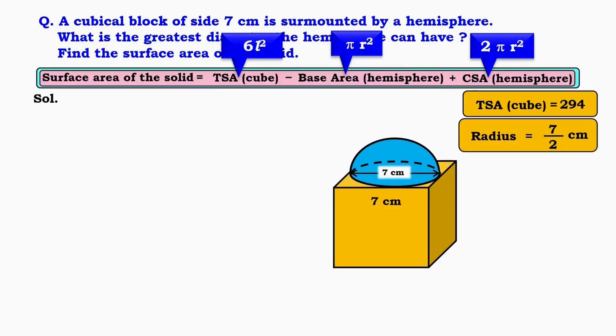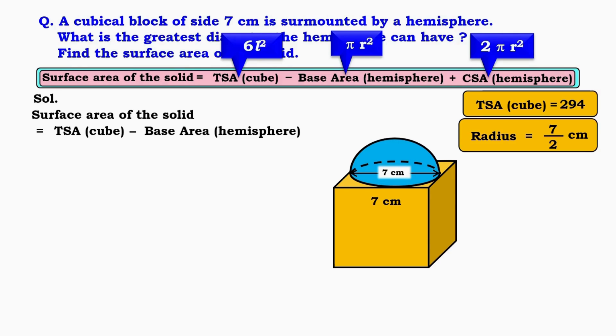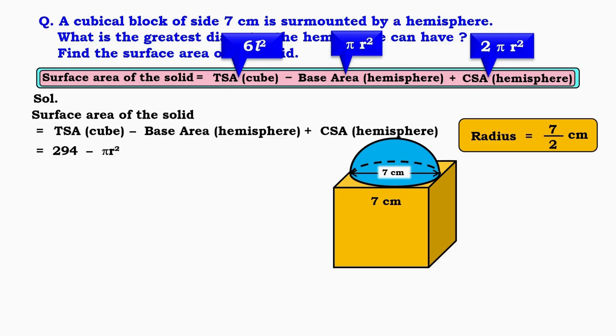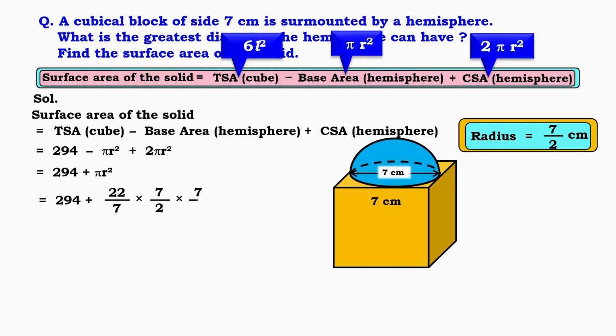Now we need to find the surface area of the solid. So that is equal to TSA minus base area plus the CSA of the hemisphere. So TSA we know, 294 minus, now base area is pi r square and CSA is 2 pi r square. If we simplify it, it is coming 294 plus pi r square. So now 294 plus pi, that is 22 by 7, into r is 7 by 2, so into 7 by 2.